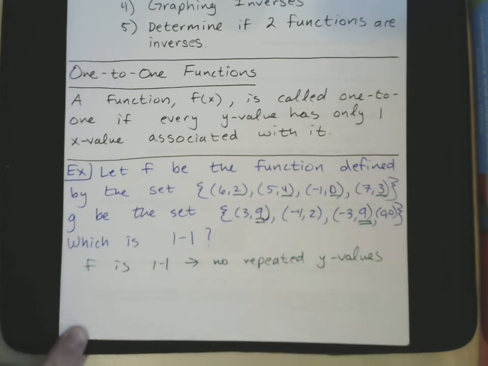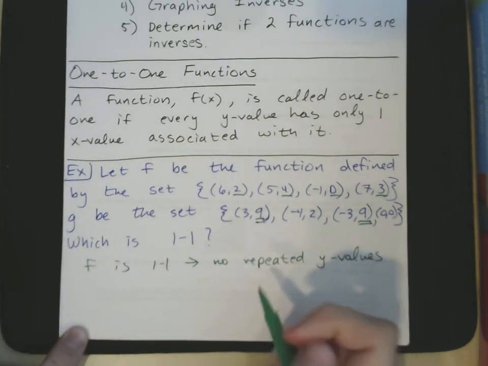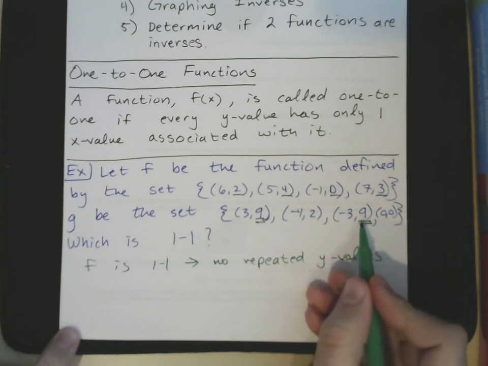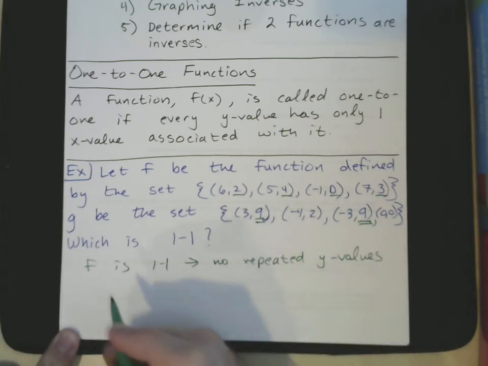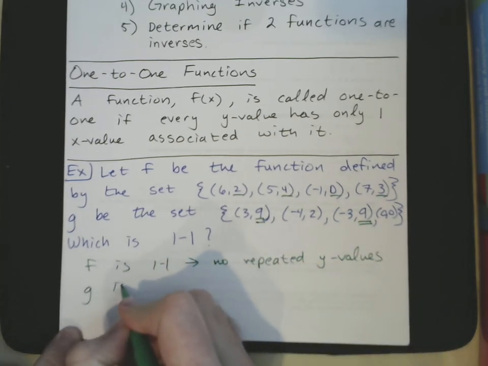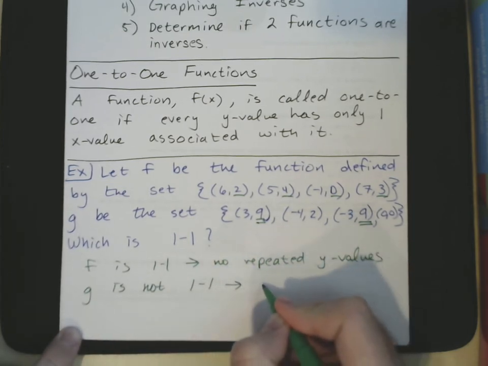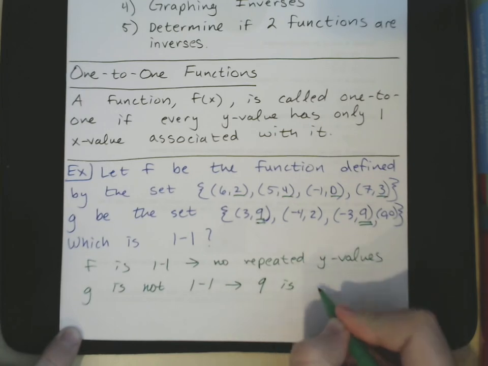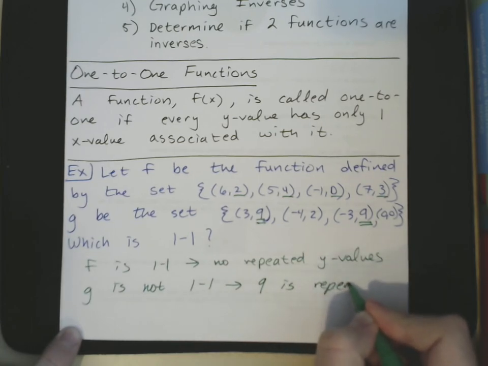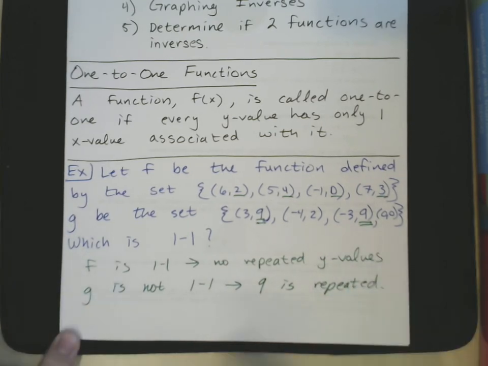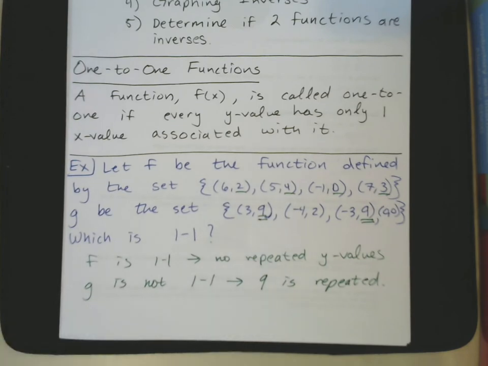And I don't even need to look at what the last one is. Just from these 2 points, I have a repeated y value, which means that we are not one-to-one. So g is not one-to-one because the value 9 is repeated. And that's as simple as it is. You just look for repeated y values.